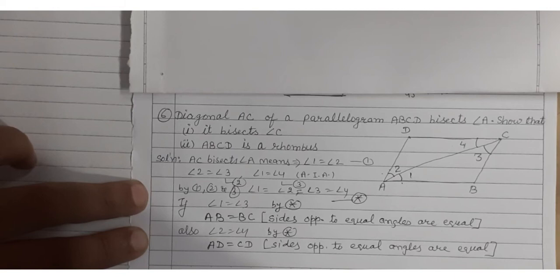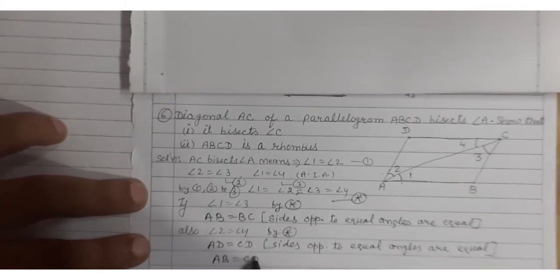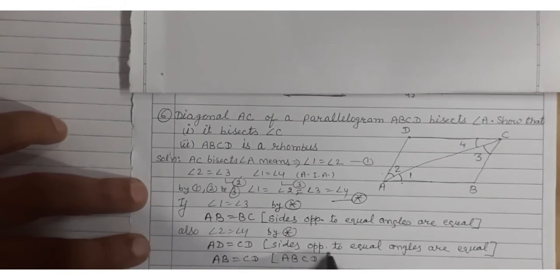Now then, if this all four, it means what? In parallelogram AB equal to CD, opposite sides are equal, because ABCD is a parallelogram.